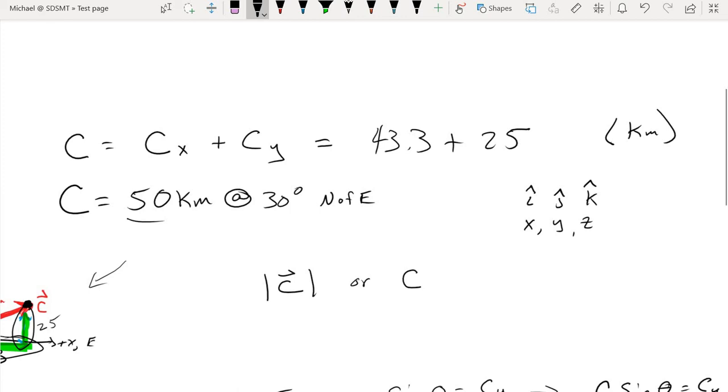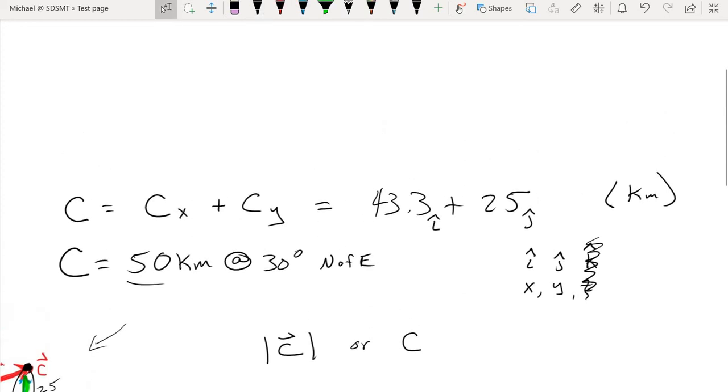We only have a two-dimensional vector right now, so we don't need to worry about the z components just yet, but they're coming. We will eventually have to deal with some three-dimensional vectors. But that just means I'm going to attach an i hat and a j hat to the x and y components respectively. So now I'm not tempted to add them together.